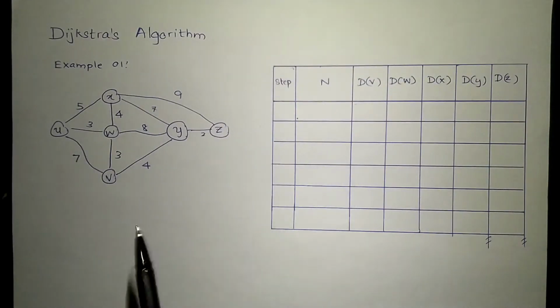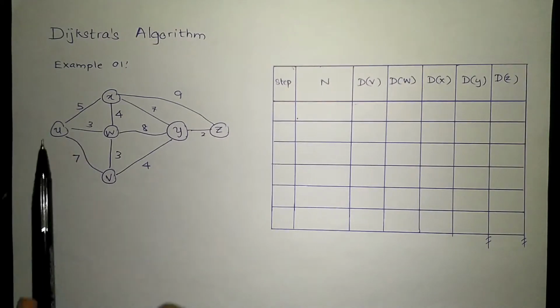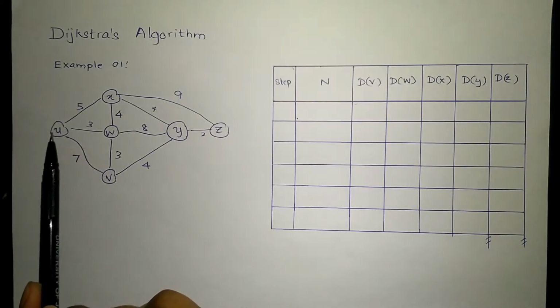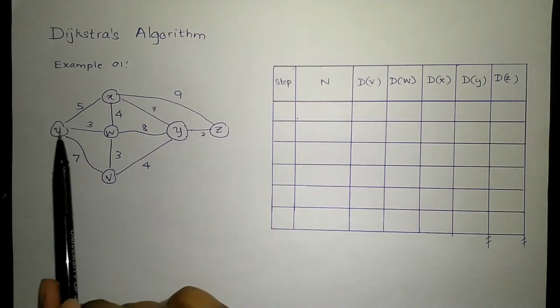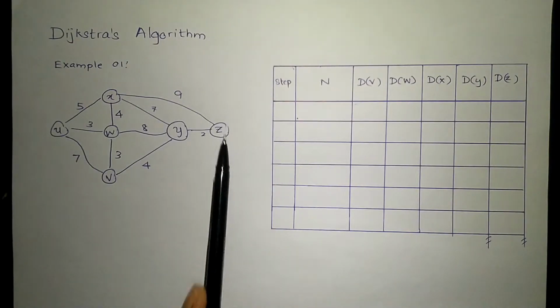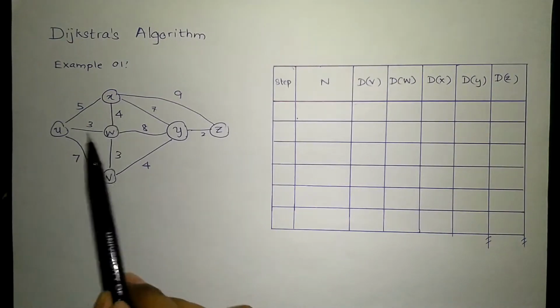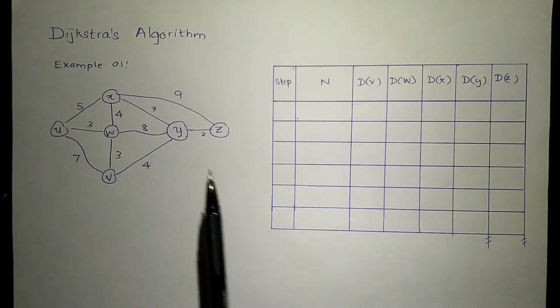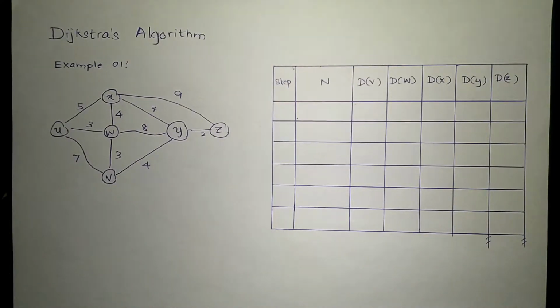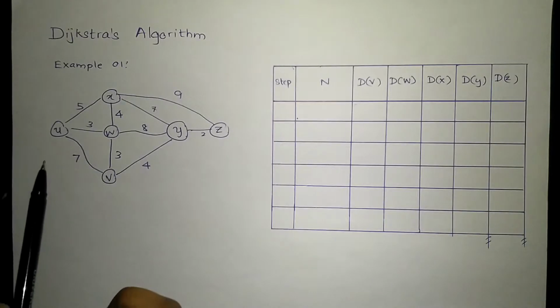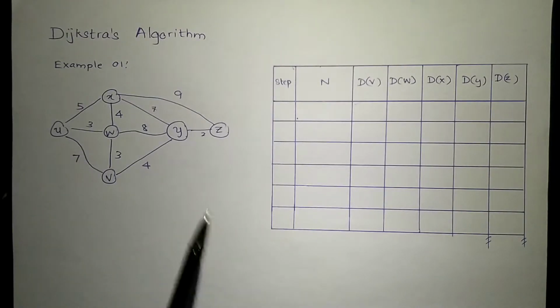In a problem like this, we have to solve the shortest path from the U terminal to the Z terminal. That means at each node we have to give the path through which the data packets go.